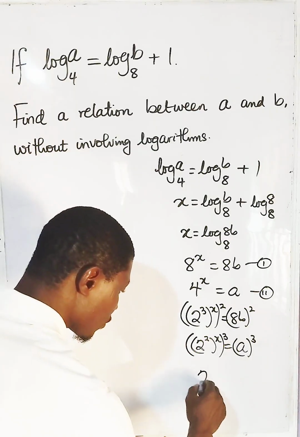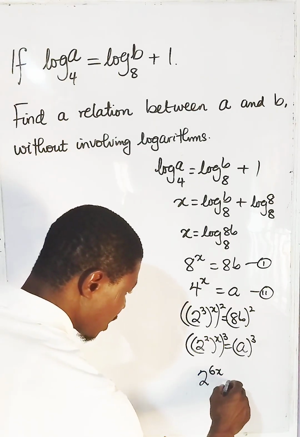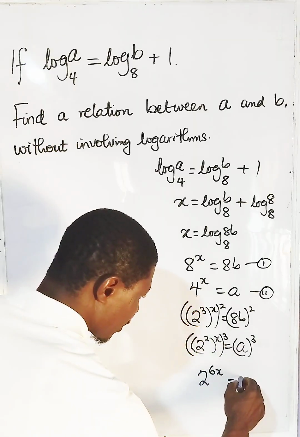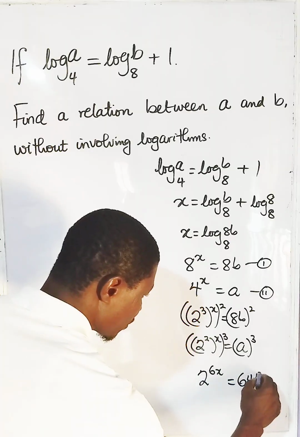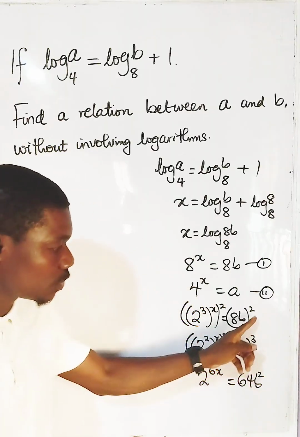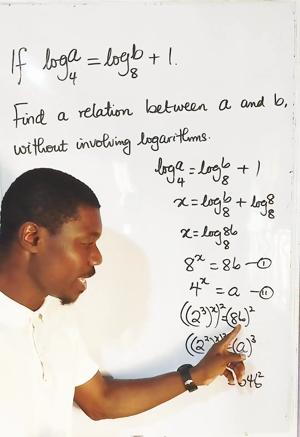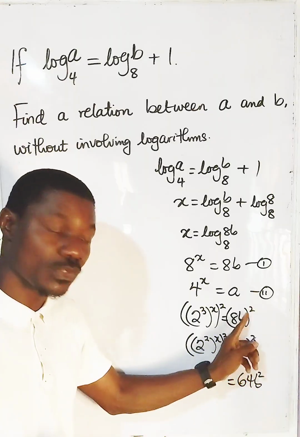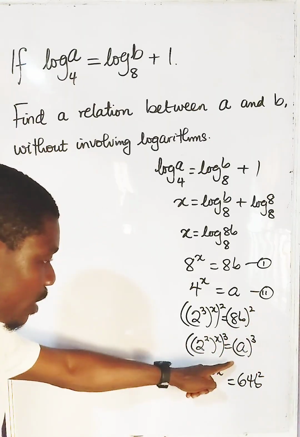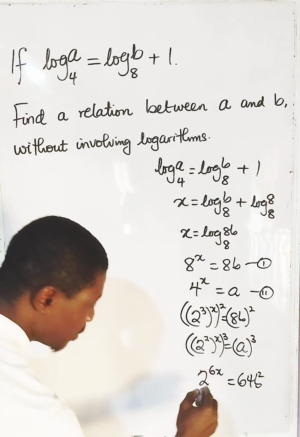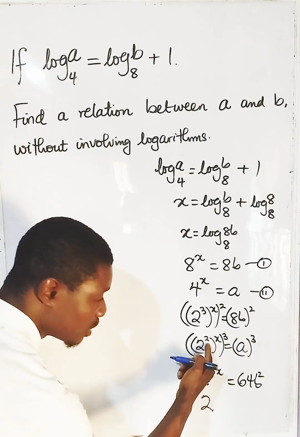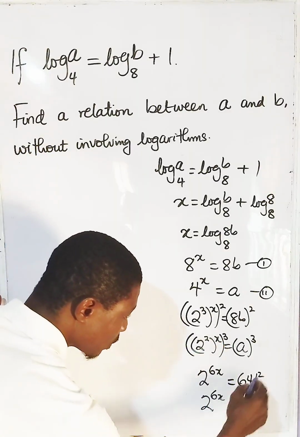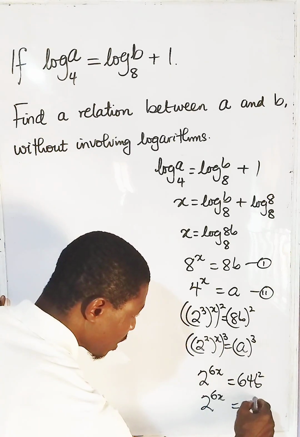So we end up having 2 raised to 6x equals 64b squared, because the 2 will be distributed to 8 and b, and 8 raised to 2 gives us 64, and b raised to 2 is b squared. For the next one, 2 times x times 3 gives us 6x, and that equals A raised to 3.